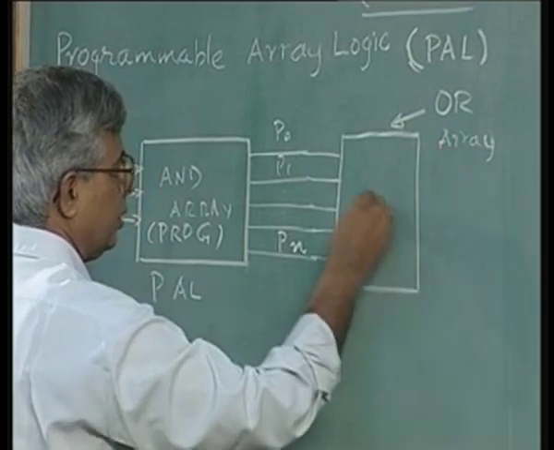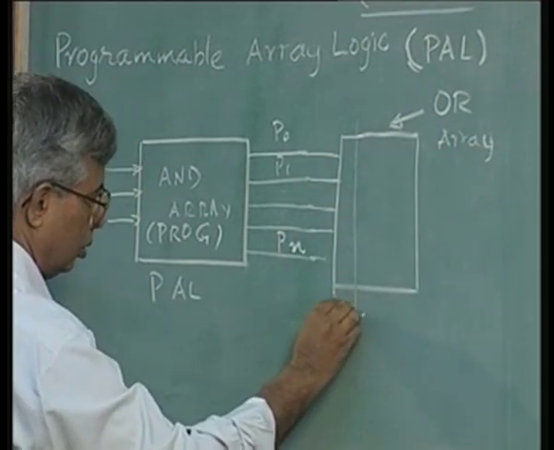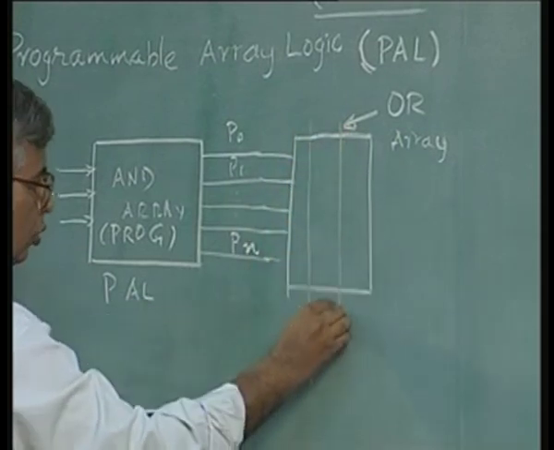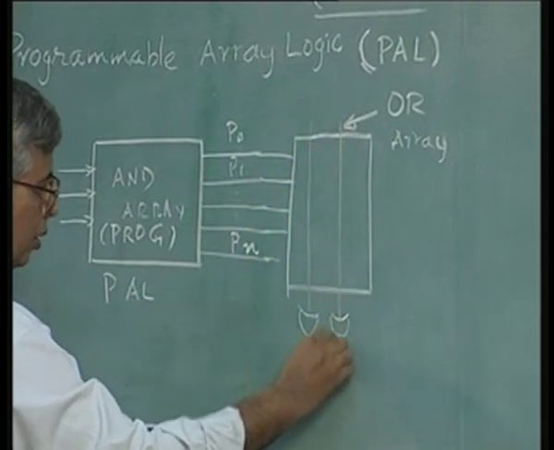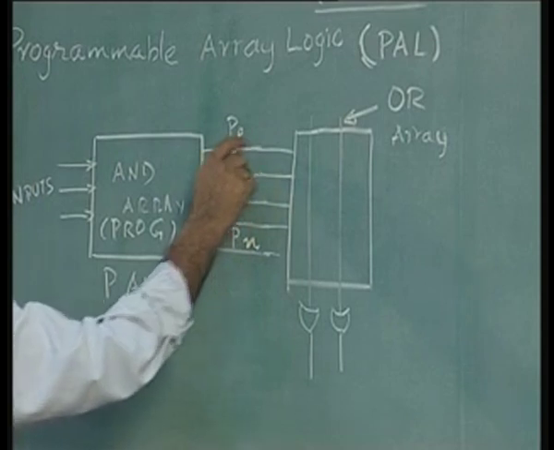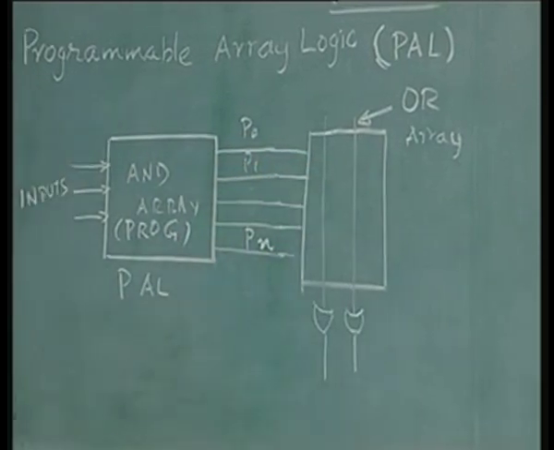The OR array has output OR gates to which we can give the minterms or the product terms as input.